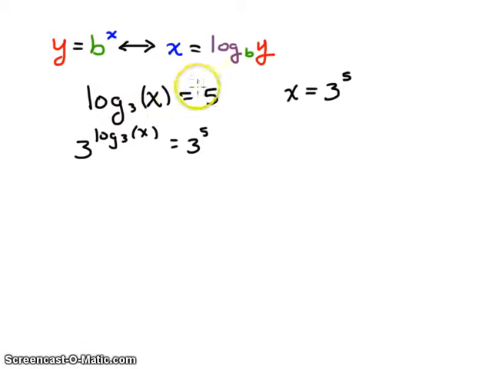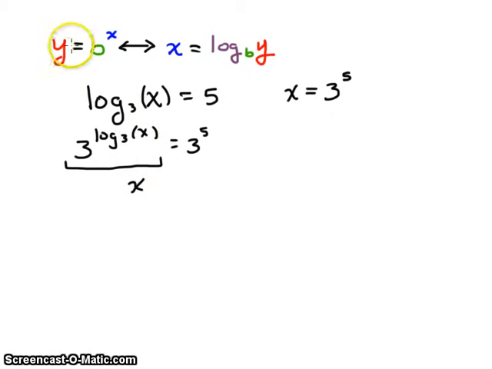But more importantly, if you look at this side here, this begins to look a little bit like an inverse. I have a number raised to a power, which is a logarithm. I'm exponentiating a log. So that should give me an inverse, which means that if I plug in x into that thing, my output should be x.